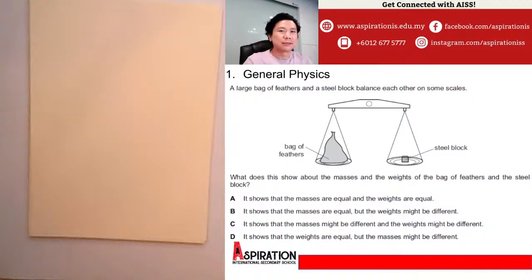Another question that will really test your understanding of mass and weight. For general physics, you will have a lot of questions that are very close like that.